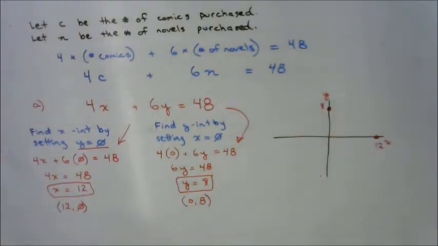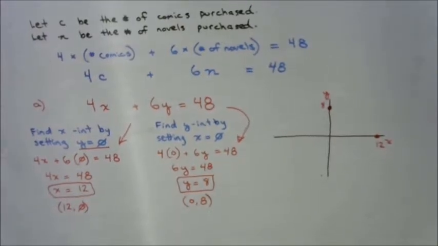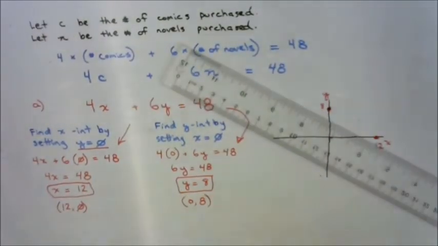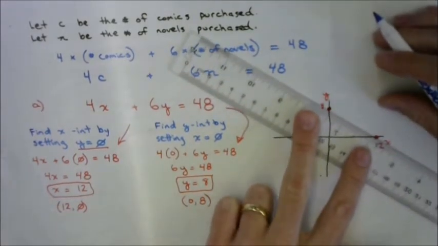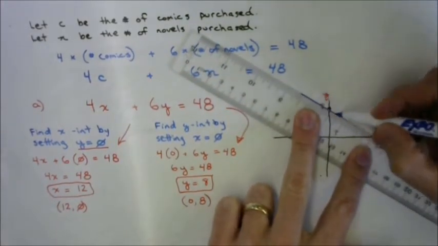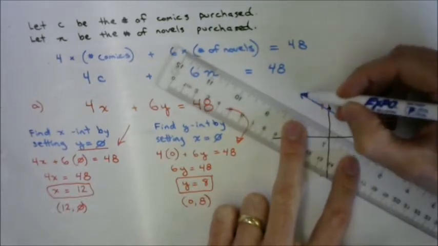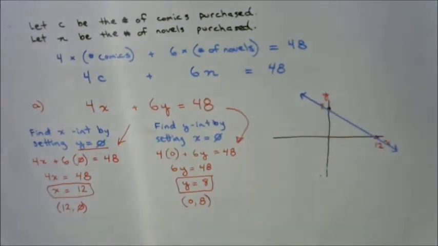And now that you have 2 points, you can grab your ruler and carefully draw a line through those points. And you've now graphed the equation 4x plus 6y equals 48.